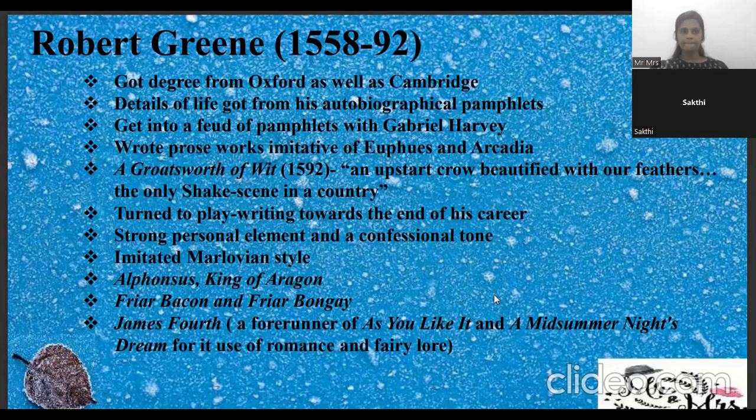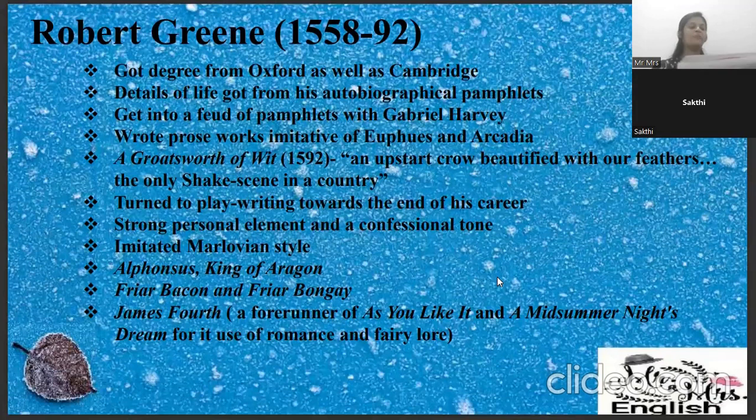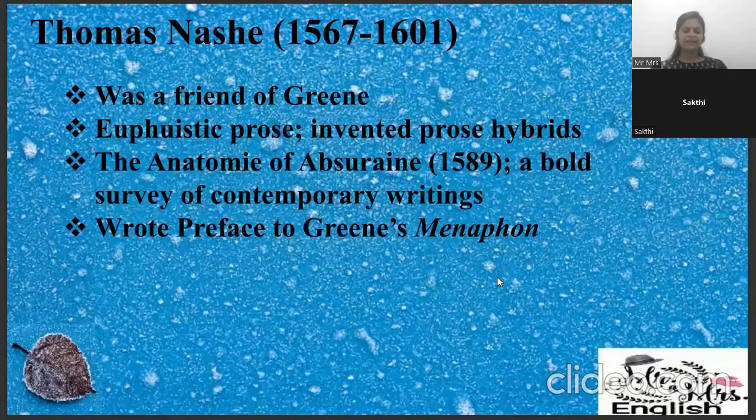Actually, Greene was writing a lot during that time for commercial purposes. Greene describes himself as admired by uneducated and low-caste actors and wished to write only because he needed the money to survive, unlike Lyly, because Lyly was writing for the court. The purpose was not only money, but he was writing for the court.